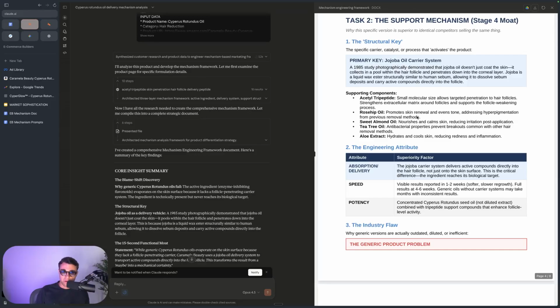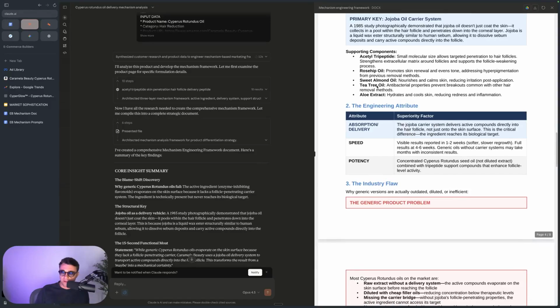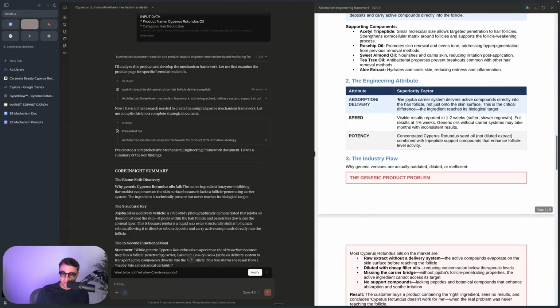So again, if we were to go after that angle and that sort of avatar, then we are going to lead more with the rosehip oil because that's addressing one of their key concerns. And then we've got sweet almond milk. Yeah, it's going into some other benefits as well.